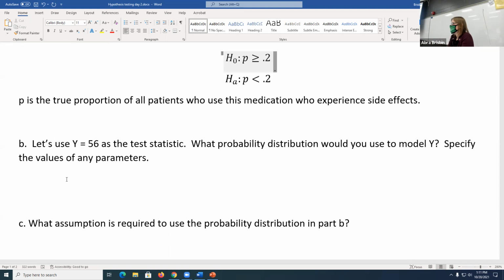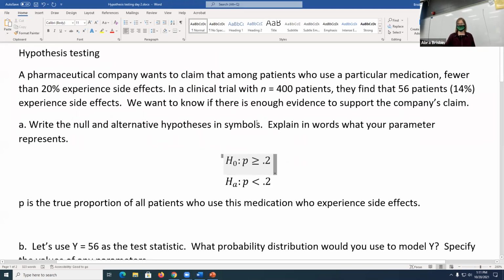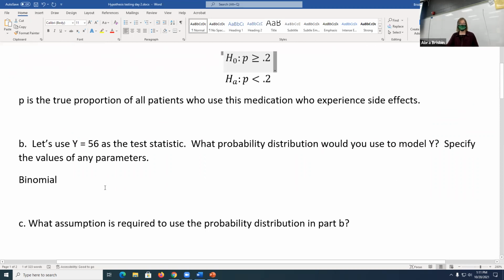I said that. Yeah, sounds good. We have the number of successes or number of yeses in a yes-no outcome with a fixed number of trials. So a binomial distribution is probably going to be a good way to go.